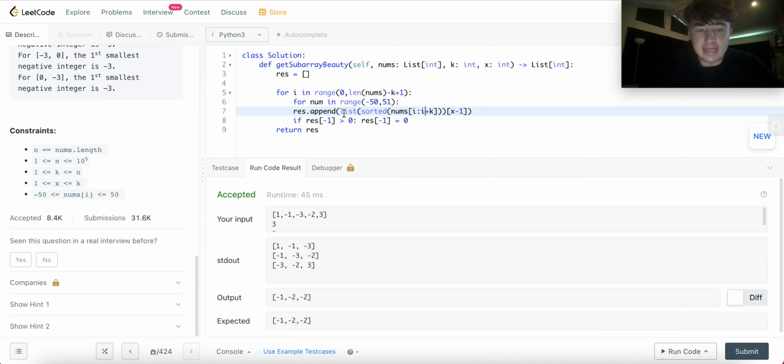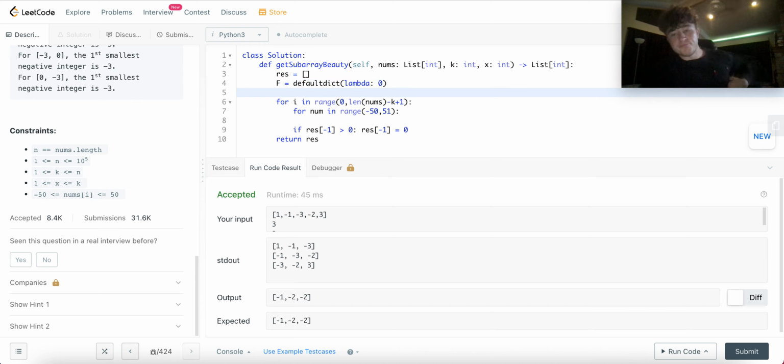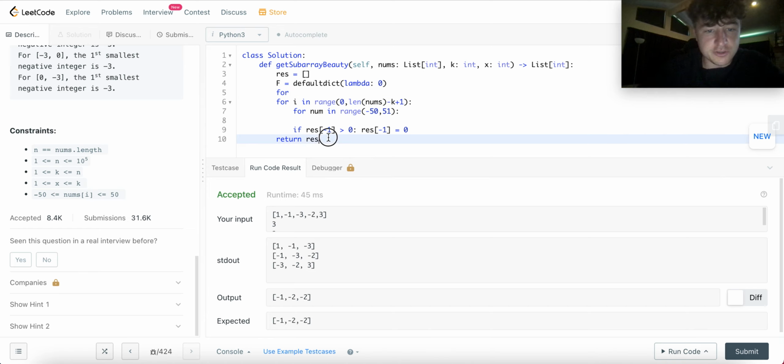Basically, if the numbers only go in that range, when we look at a subarray, we could say, if we instead just kept track of the frequency of each number. Let's do this not through the code.